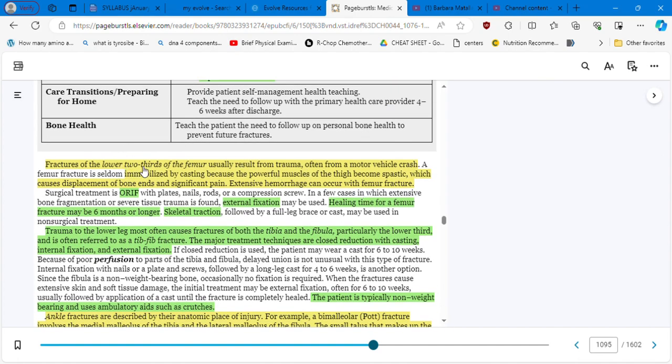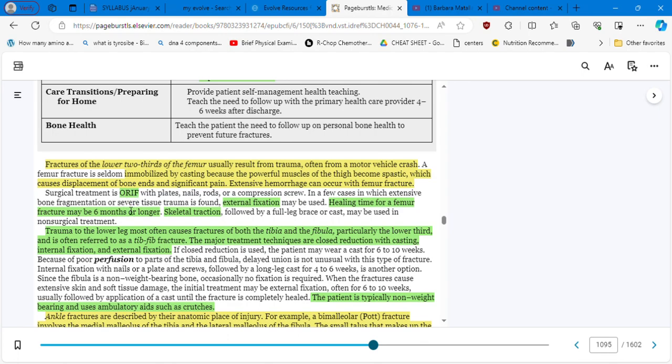Fractures of the lower two-thirds of the femur usually result from trauma, often from a motor vehicle crash. Immobilization by casting is difficult because the powerful muscles of the thigh become spastic, which causes displacement of bone ends and significant pain. Extensive hemorrhage can occur with femur fracture.